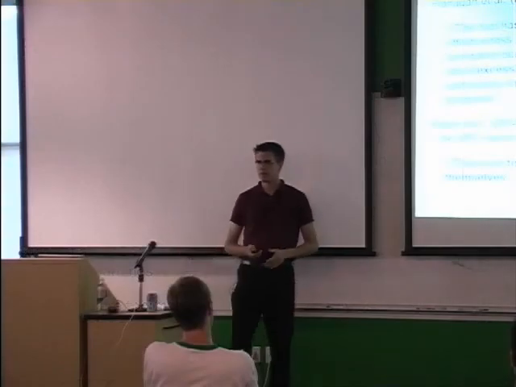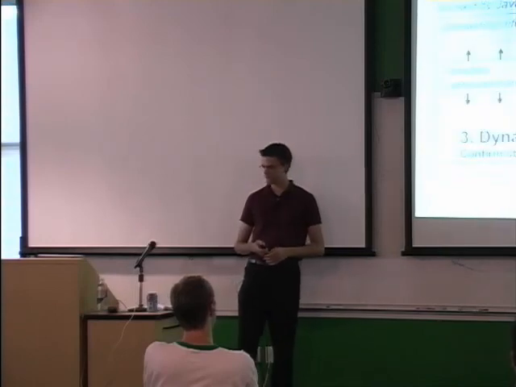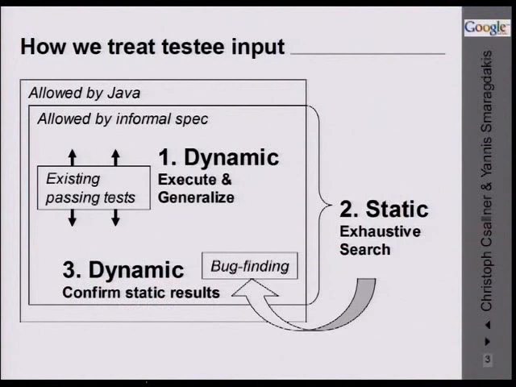Now I'm going to give you the high-level overview of how we try to attack that problem. There are different kinds of inputs you could put into some method you want to test. For example, you could have a method that expects an integer parameter. According to the Java semantics, you could put in the smallest integers up to 0, -1, 1, up to the biggest integer.